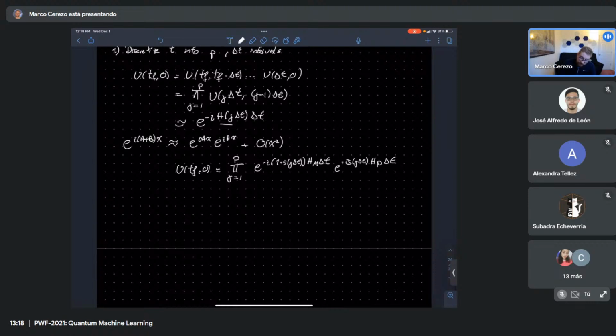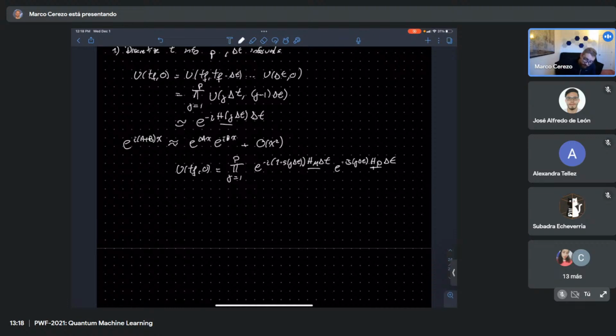So essentially what we're going to be doing is applying the exponentiation generated by the Hamiltonian that we're interested in, followed by a Hamiltonian that we can easily prepare the ground state of. And we're going to be interpolating between these two.